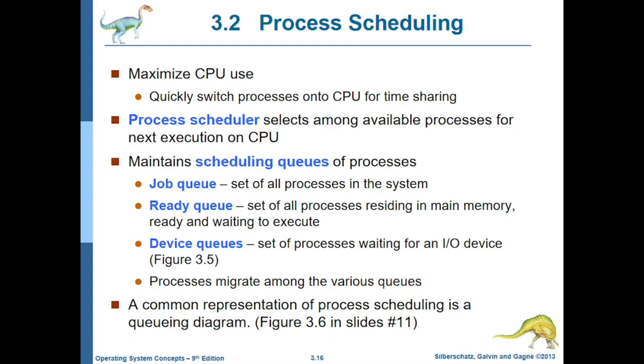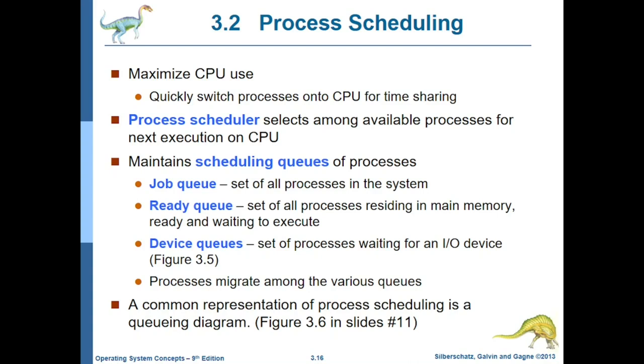For example, when a new process is created, it enters the job queue. When there is enough space in main memory, it moves from the job queue to the ready queue. And when the process scheduler selects it to run on the CPU, it moves from the ready queue to the CPU.